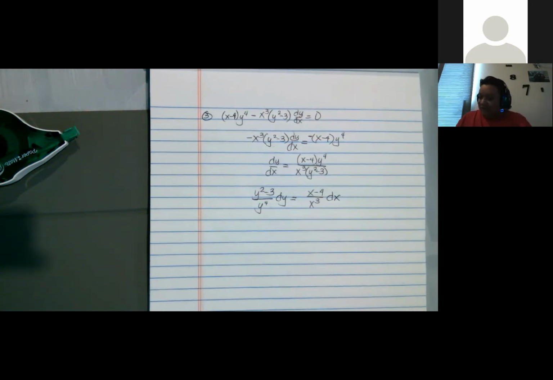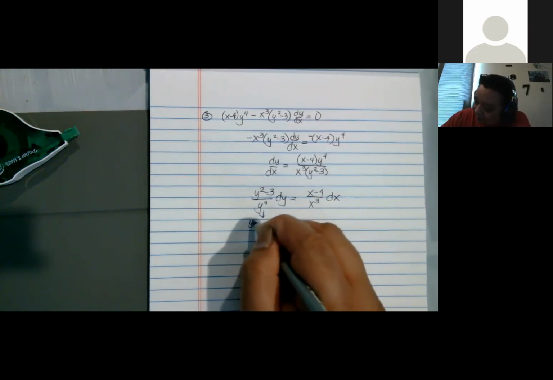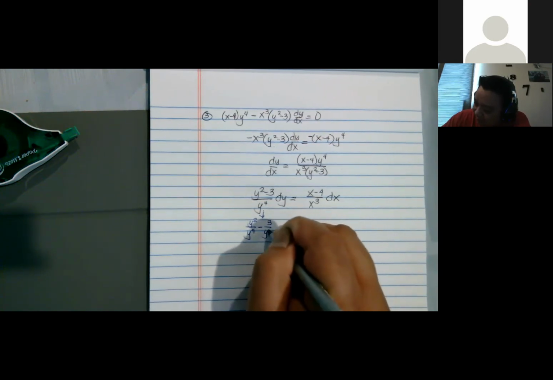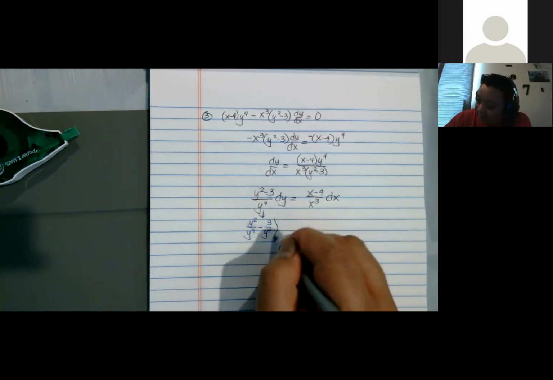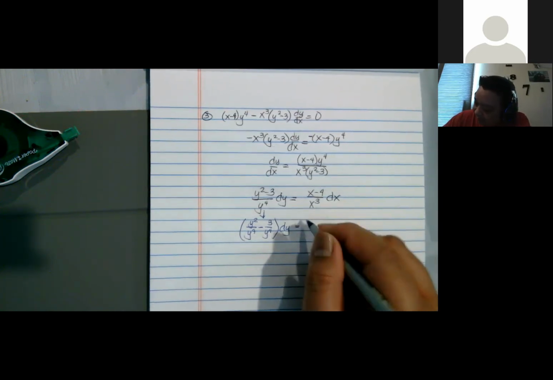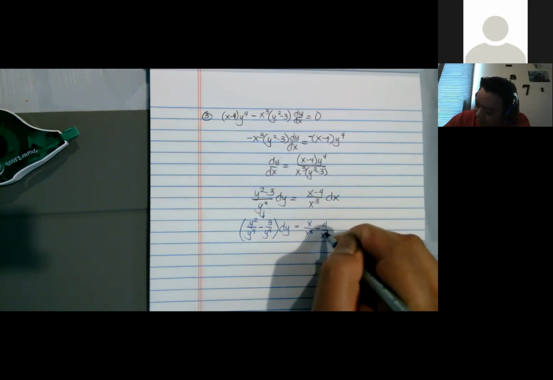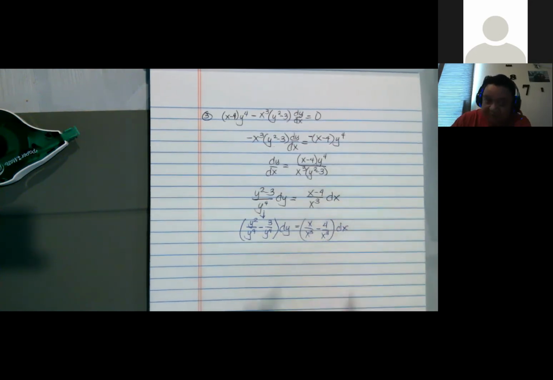Simplify to two fractions, yes. So this one is y² over y⁴ minus 3 over y⁴. Now, since I separate them, I need to put that in parentheses dy. And then same thing over here, right? You get x over x³ minus 4 over x³ times dx.